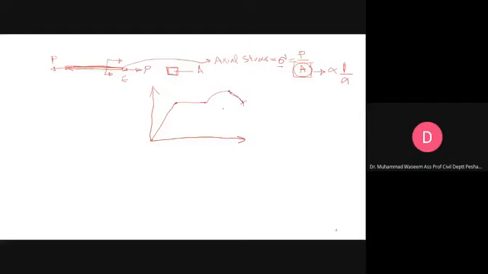Over here it will rupture. On the y-axis let's say this is sigma, and on the x-axis we have epsilon, the strain. So in the ASD design philosophy, we keep our stresses within this permissible range.